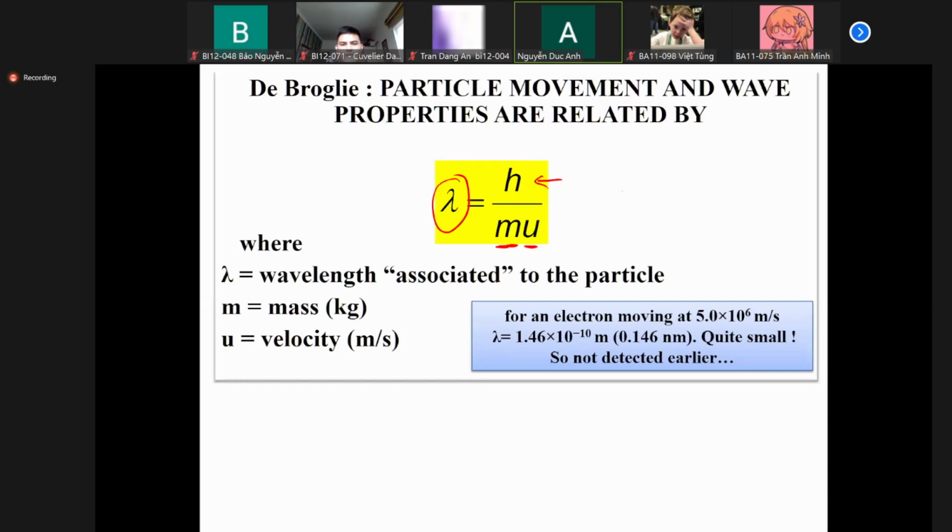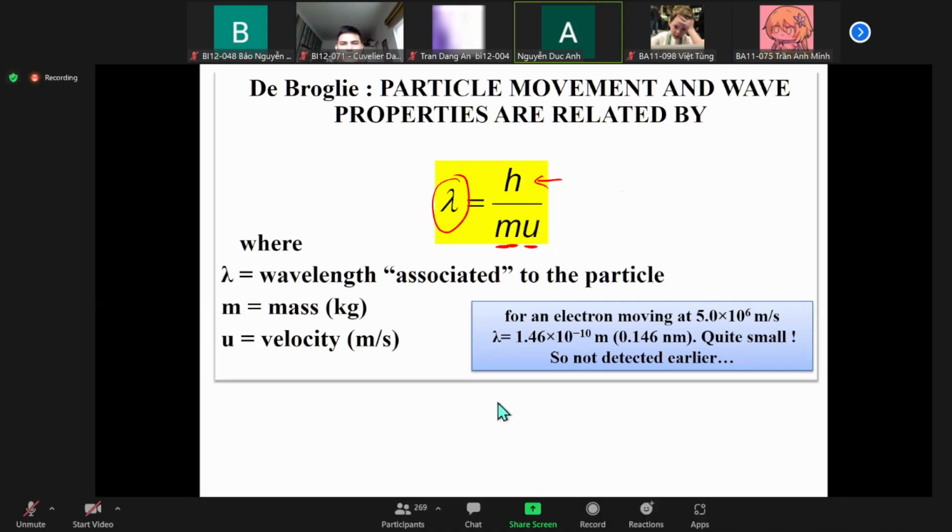But for some very small particles like the nucleus, you can calculate lambda, the wavelength of that particle, to show the wave characteristic of the particle.